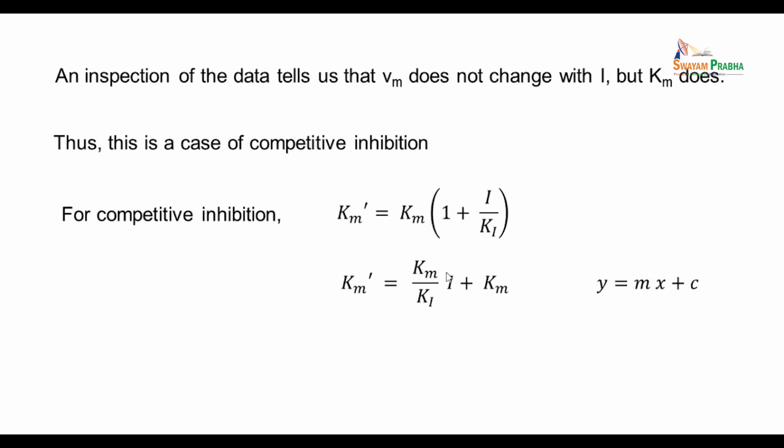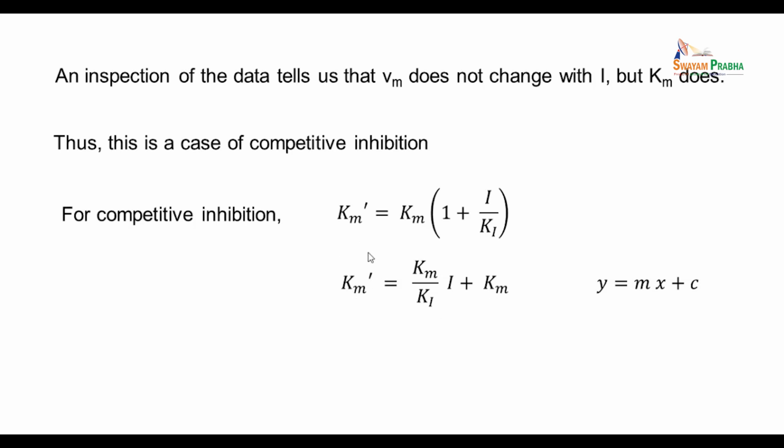Km dash is y, I is x, and the slope in that case is Km by Ki, and the intercept is Km. We have data of Vm, Km with varying I's. So I is the independent x coordinate, Km dash, the modified Km, is the y coordinate.